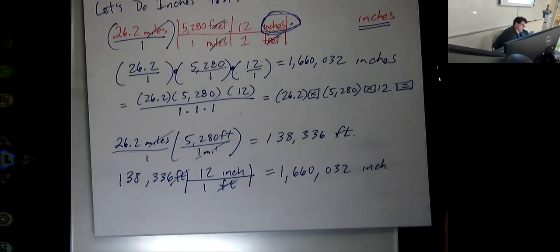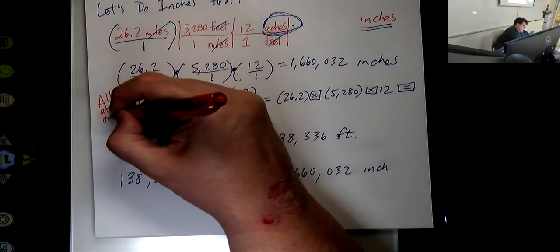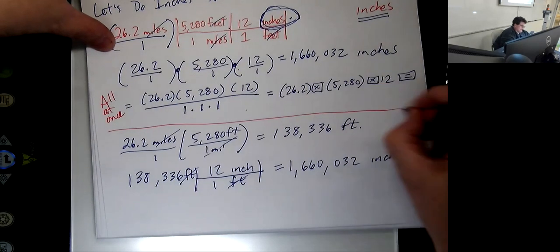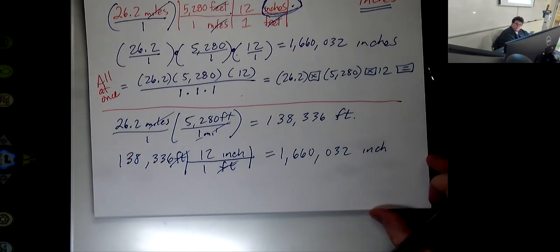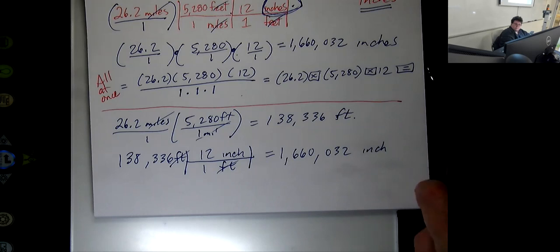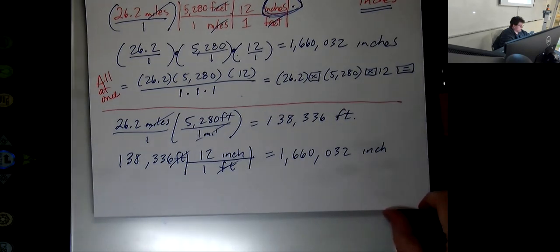So there's two ways to do this. This is the all-at-once approach. Above that red line and below it is doing it piecemeal, one step at a time. What if I put the 12 first and then the 5,280 second? Doesn't matter, right?